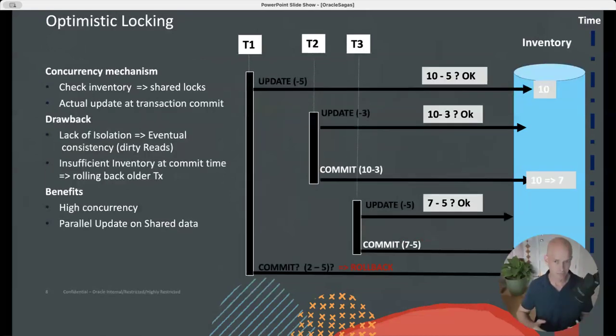Optimistic locking allows other transactions to come in, and so you're getting the concurrency, but it has the potential for older transactions to not be able to complete because newer transactions have come in. And so for longer running earlier transactions, when it comes time to commit, the inventory they need may not be there, and then there's a rollback.